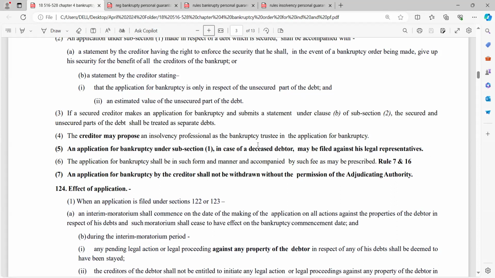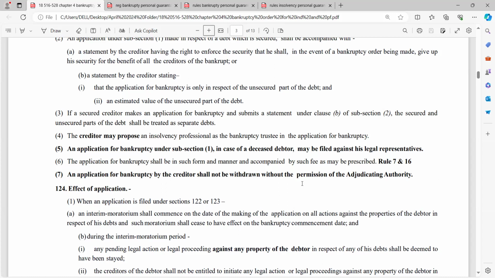Yes. The application for bankruptcy shall be in such form and manner and accompanied by such fees as may be prescribed. So it is rule number 7. Rule number 7 we have already seen. Rule number 7 and 16. An application for bankruptcy by the creditor shall not be withdrawn without the permission of the adjudicating authority.